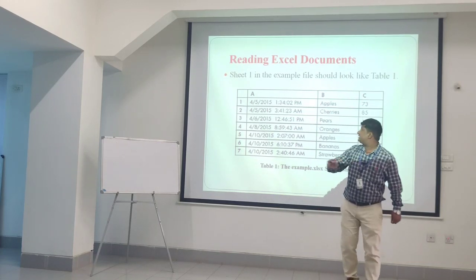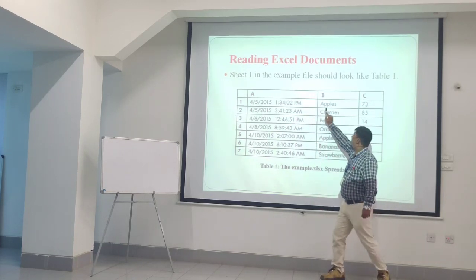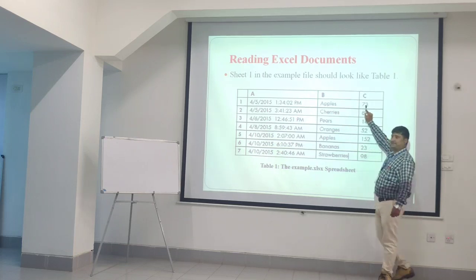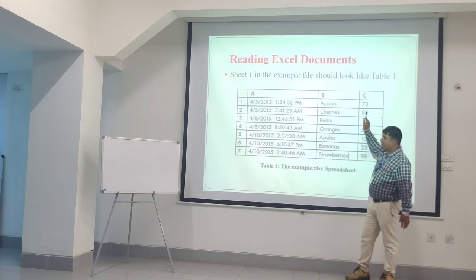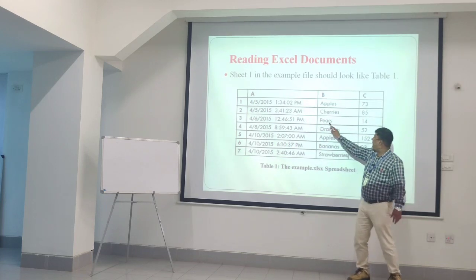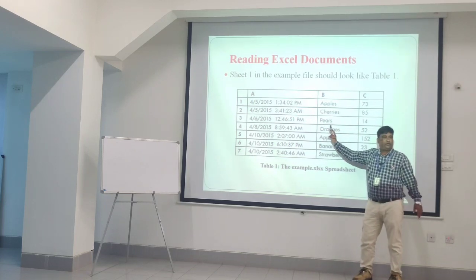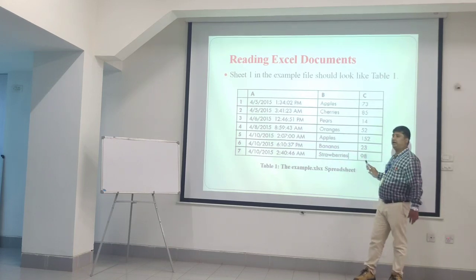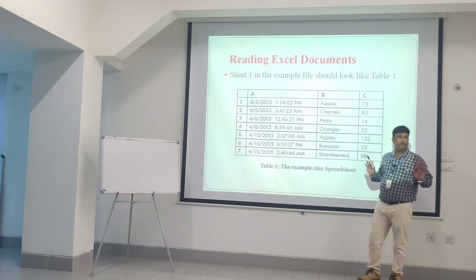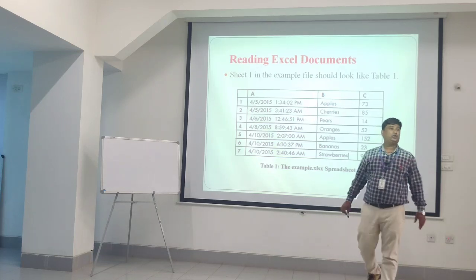This is the A1 cell, this is the B1 cell, this is the C1 cell. Like that, A2, B2, C2, A3, B3, C3, then A4, B4, C4 up to A7, B7 and C7. This data I want to read with the help of Python programs.